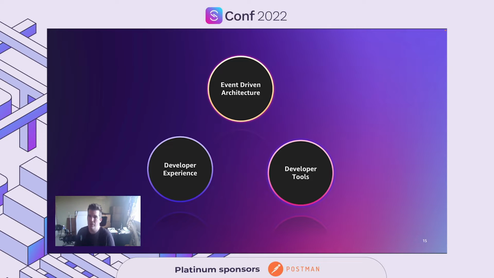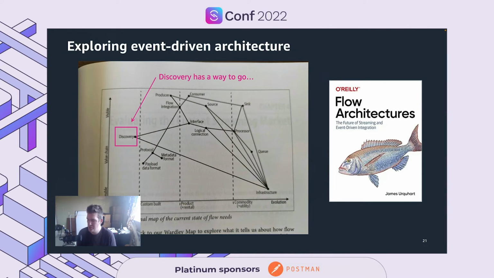Over the past few years, I've been diving into event architectures, reading books, experimenting, playing, and developing tools. I came across this book in particular, recommended to me by James Urquhart, called Flow Architectures. James looks into the future of event streaming and event-driven integrations within our organizations.